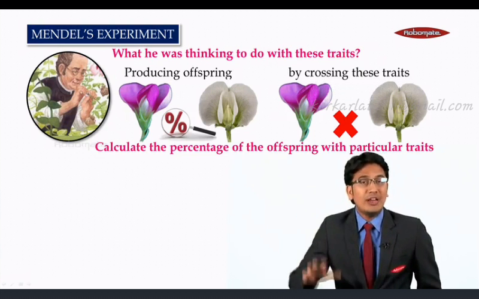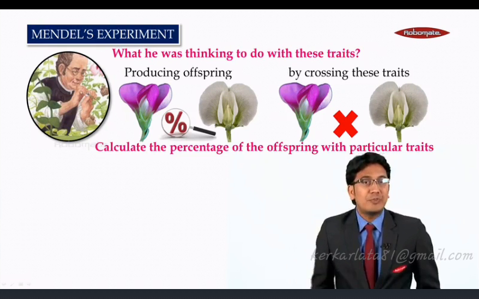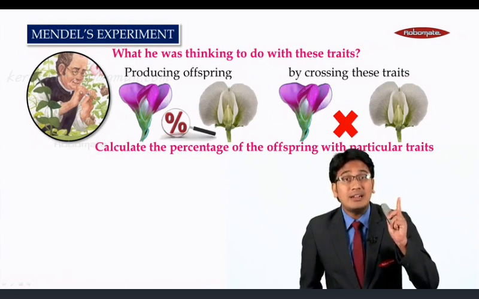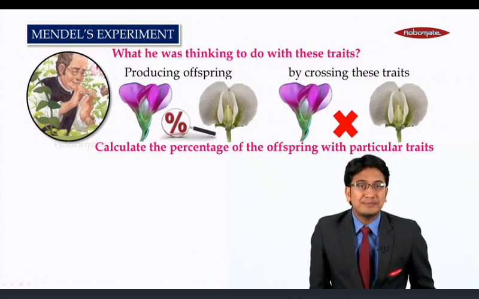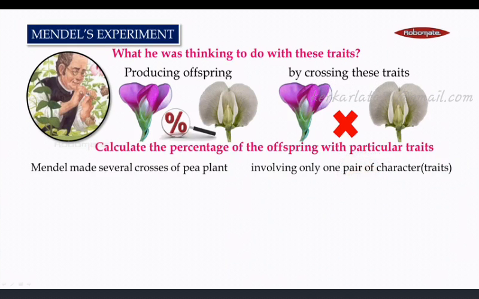He also wanted to calculate the percentage of the offspring with the particular trait. He wanted to calculate how much percentage of purple color is going to the offspring, how much percentage of white color is going to the offspring. With all these things in mind, Mendel started crossing the pea plants, but every time involving only one pair of characters, only one trait at a time.